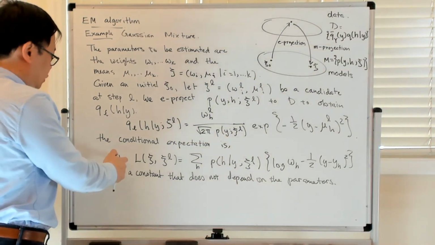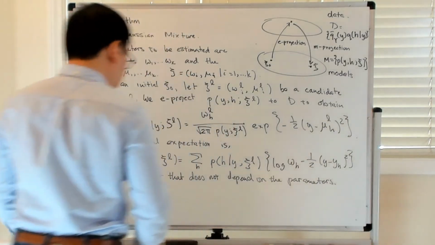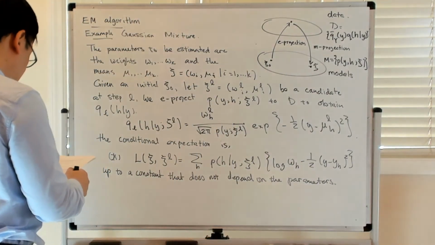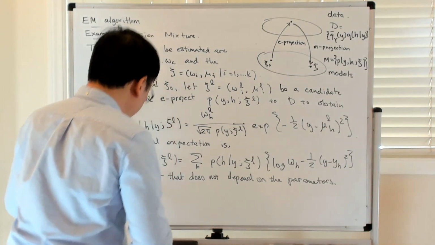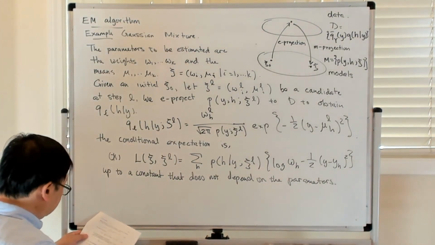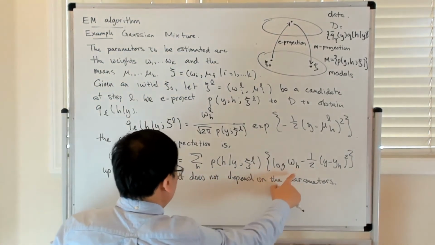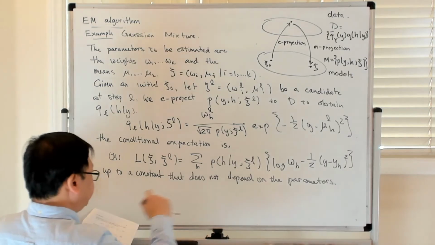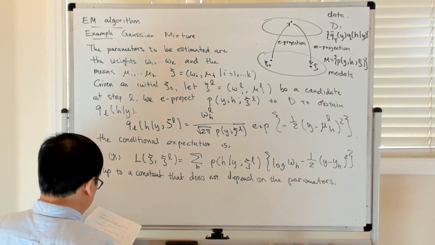There you have to maximize this log likelihood term. The way you do this is that you differentiate it and make it equal to 0.